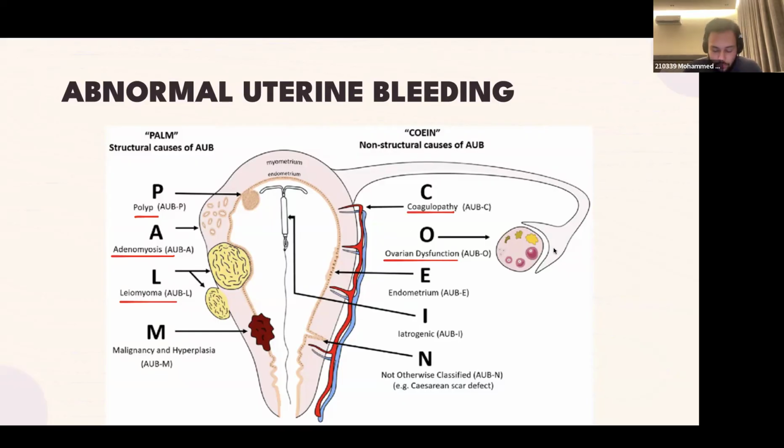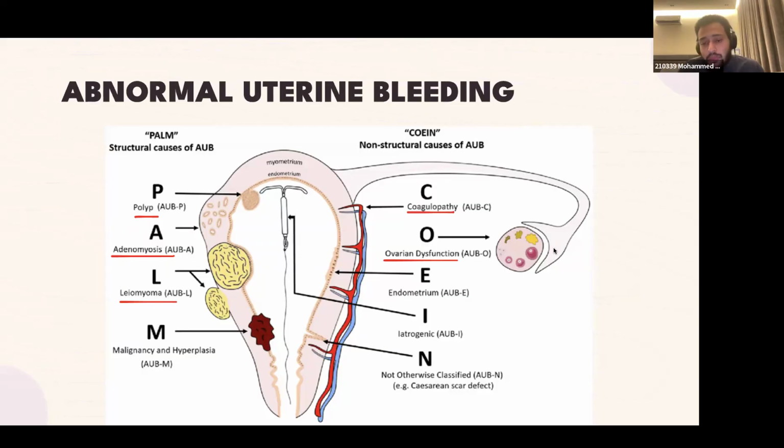Ovarian dysfunction, okay? So if a patient is coming to you and they are around 12 years of age and they have abnormal uterine bleeding, the cause is anovulation, which is probably one of the most common causes of abnormal uterine bleeding, okay? And it has two peaks, one in the beginning, age of menarche, because it's irregular, and number two is perimenopausal, okay?